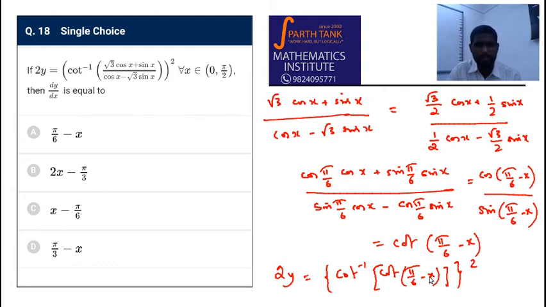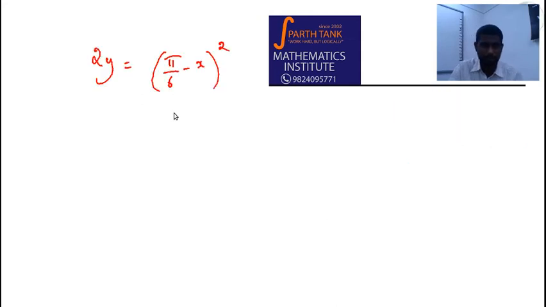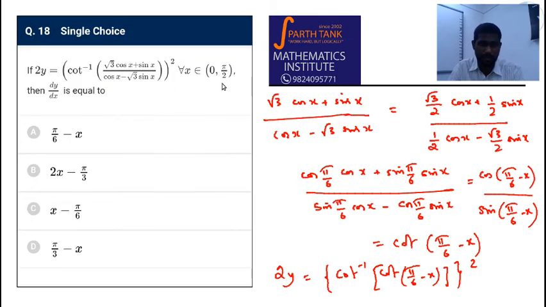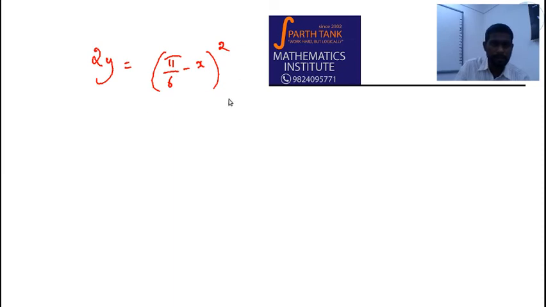If x is less than pi by 6, it is okay. For now, let me just consider that x is less than pi by 6. They have not given us any criteria, but I'll show you what happens in the other case also.